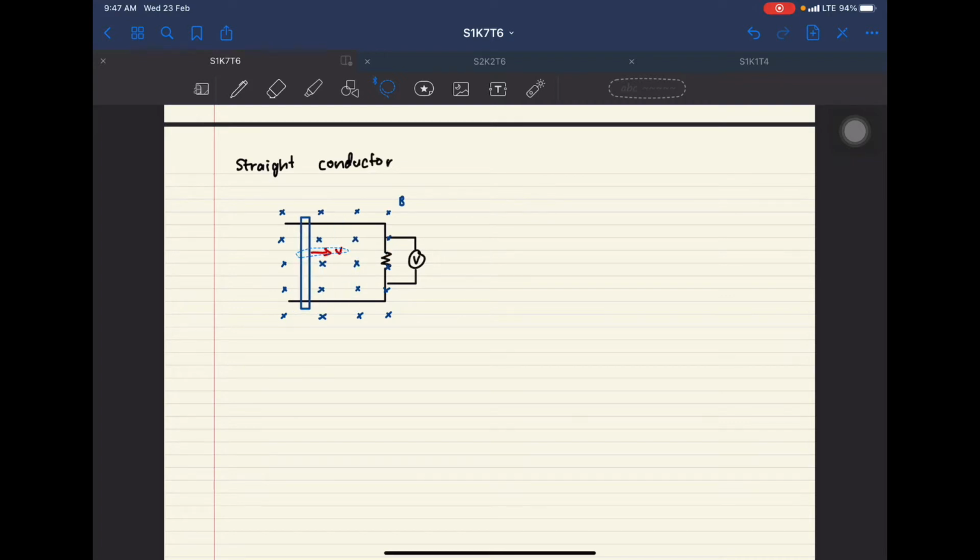So because there's a change in area, there will be a change in magnetic flux, and as a result you have an induced EMF. So you know that from Faraday's law, induced EMF is equal to negative d phi over dt, which becomes negative d(BA cos theta) over dt.